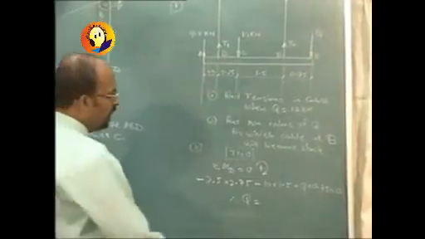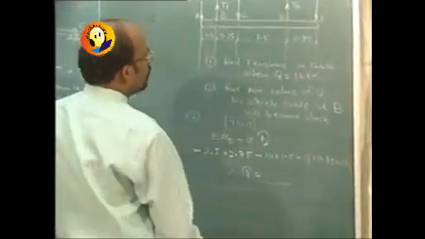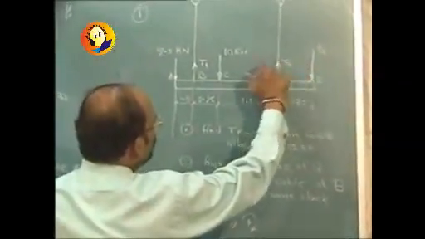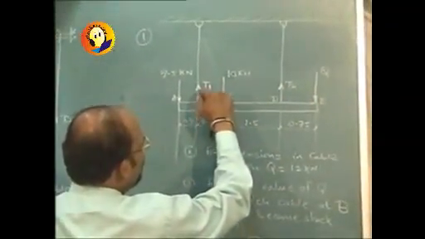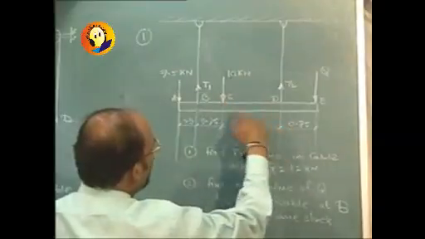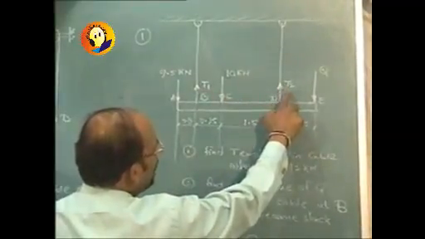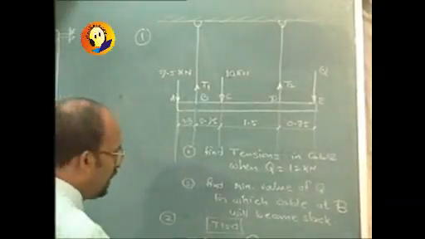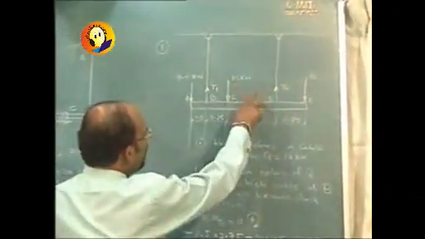So when Q reaches this value, see, I am increasing Q, and every time with the increase of Q, the tension at cable B will start reducing and it will become 0. Ultimately T2 will be responsible for the entire sharing of the vertical loads. So these will be just balancing each other.